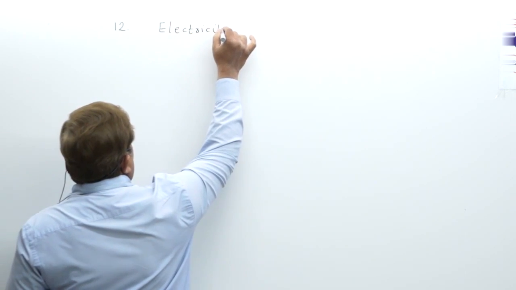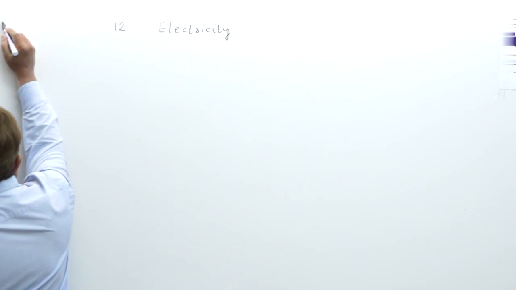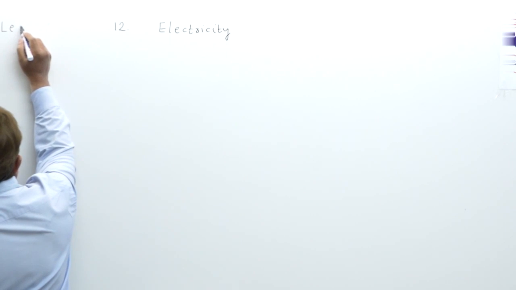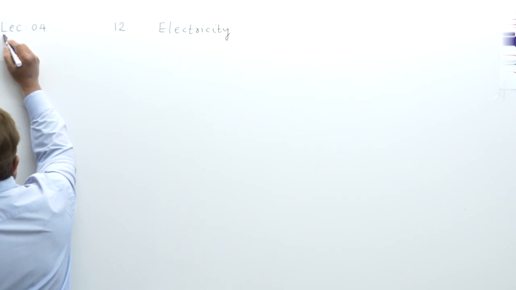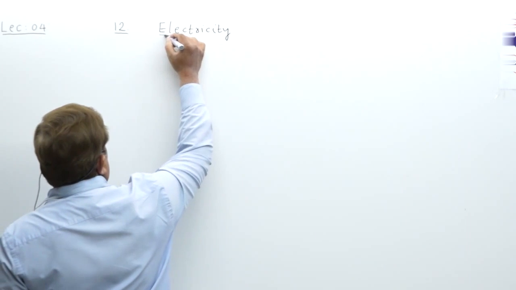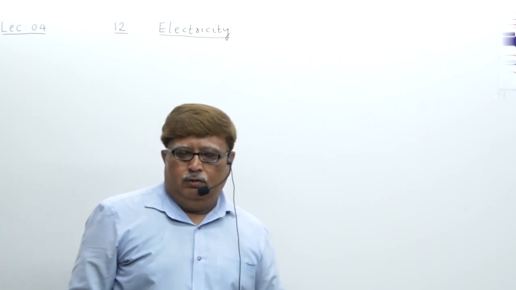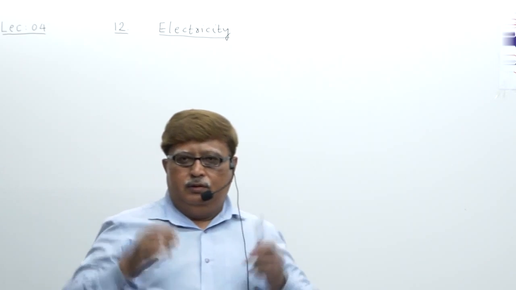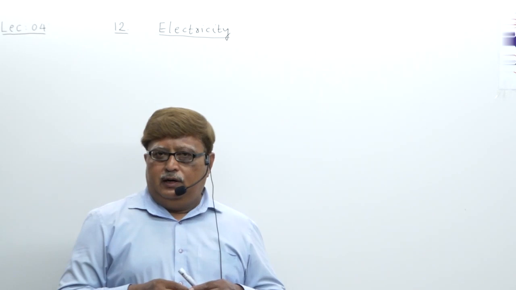In this you are attending today lecture number 4, and in lecture number 4 today we are going to understand Ohm's experiment to establish the relation between V, I and R. Understood?